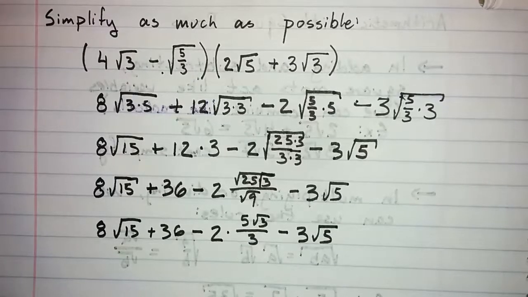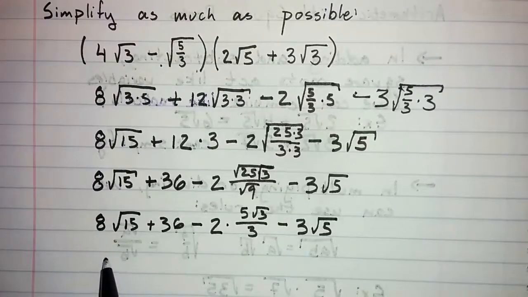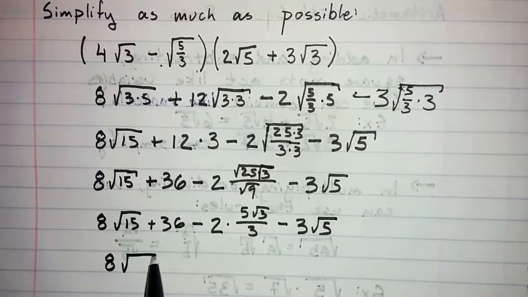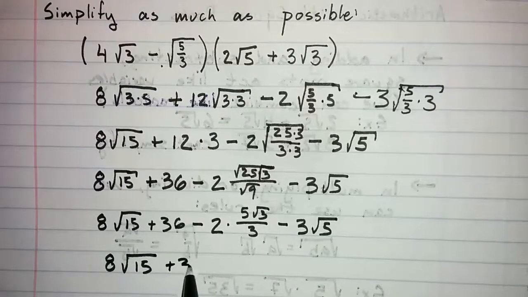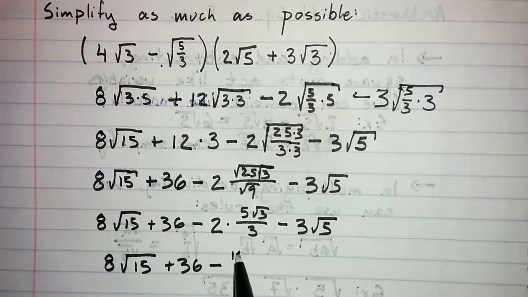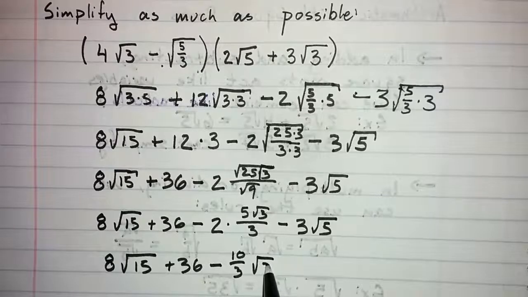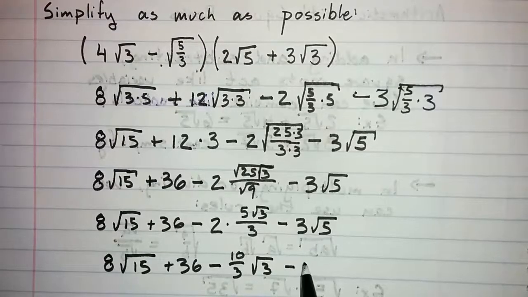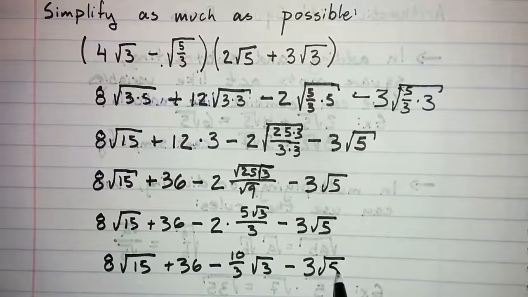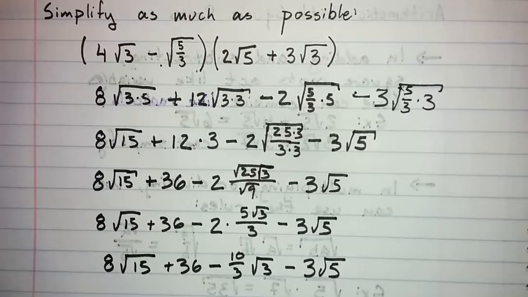So my final answer, noticing I don't have any like radicals, so I can't combine anything, it's going to be 8 root 15 plus 36 minus 10 thirds root 3 minus 3 root 5. Doesn't work out super nice for us. Sometimes there just isn't anything we can combine.